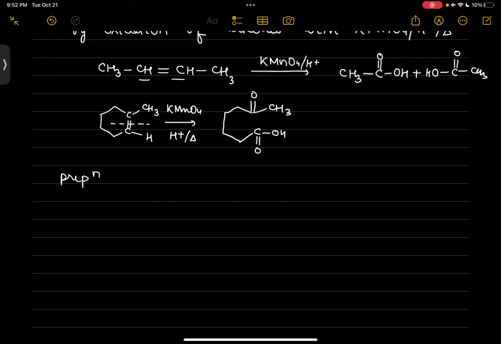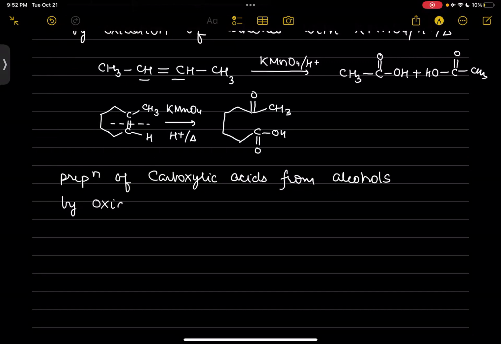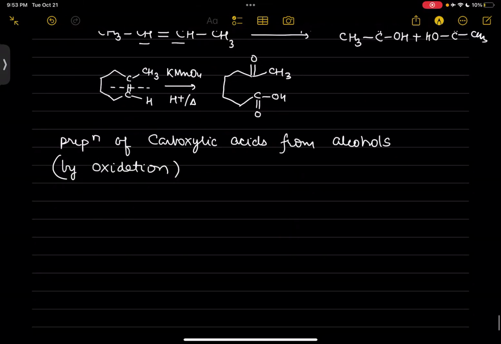But which type of alcohol can give carboxylic acid upon oxidation? Which type of alcohol?